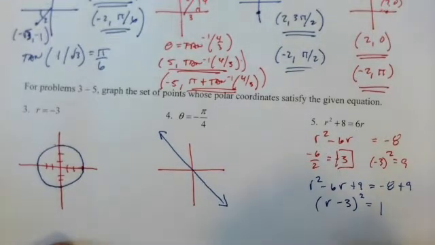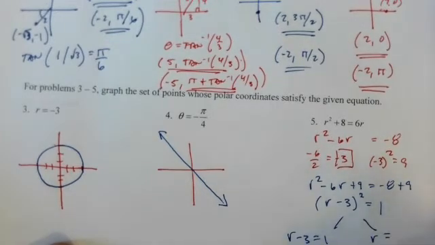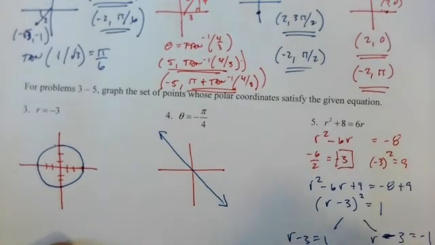So this could be two different circles because of the squared. When I solve it for r, I would go square root, and I'd get either r - 3 = 1 or r - 3 = -1. So this would be r equals 4.